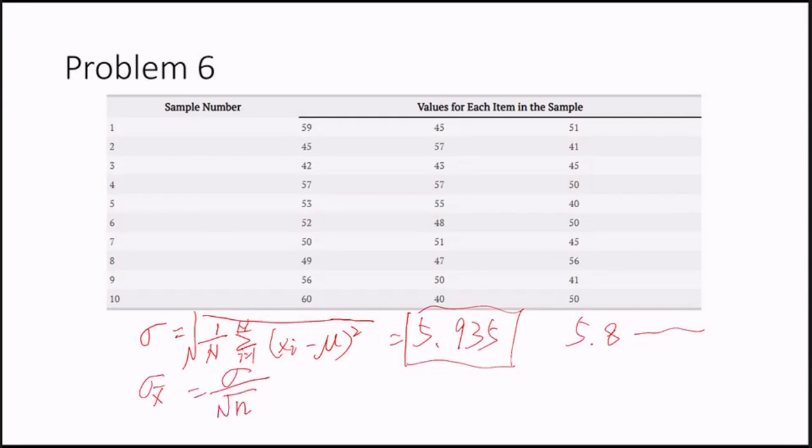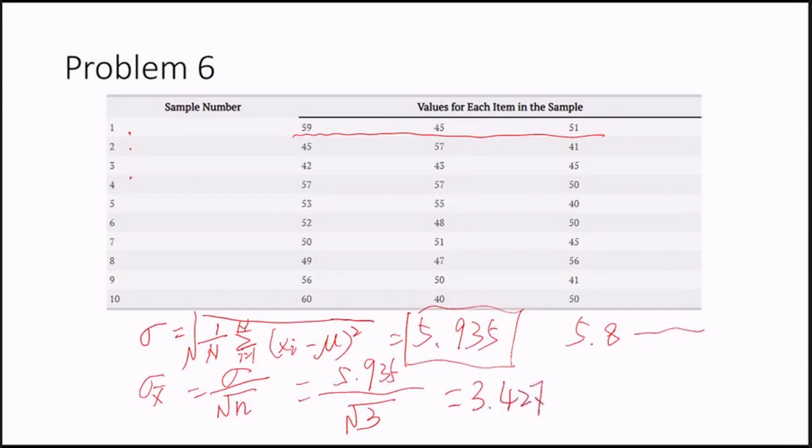The sample size for this problem is 3, because for each sample we have 3 observations, 3 items, so we use 5.935 divided by the square root of 3, and then we obtain the standard error, which is 3.427. It depends on the decimals you choose. You may have a very similar number, but not exactly the same number, and it is correct.